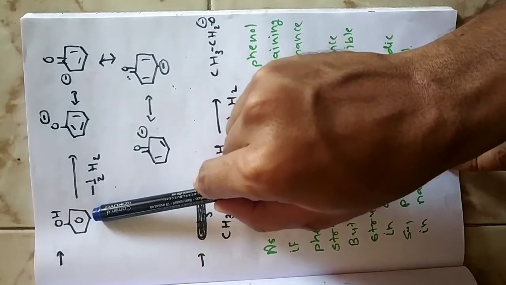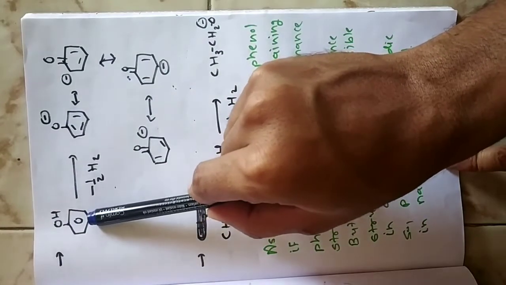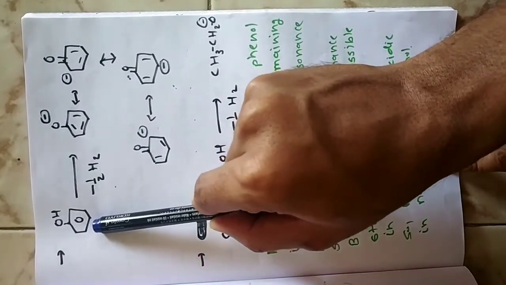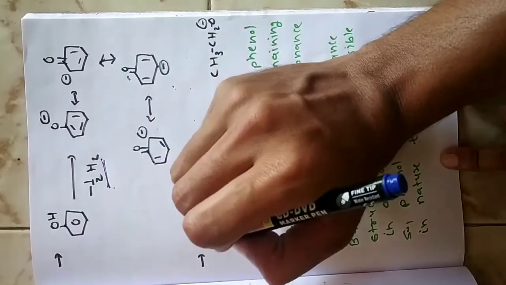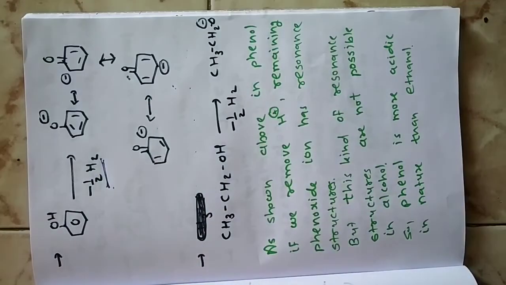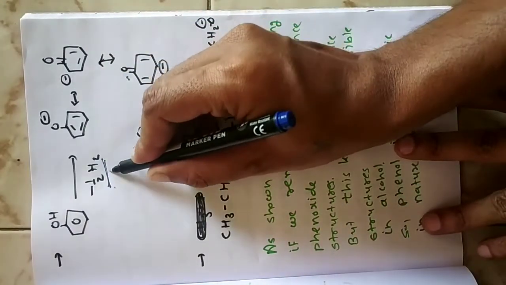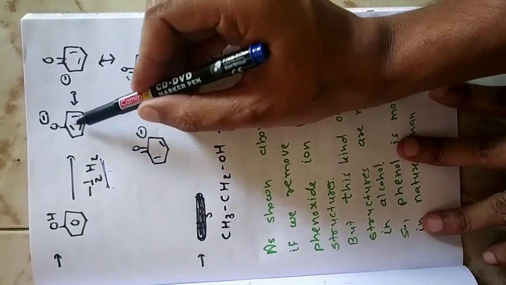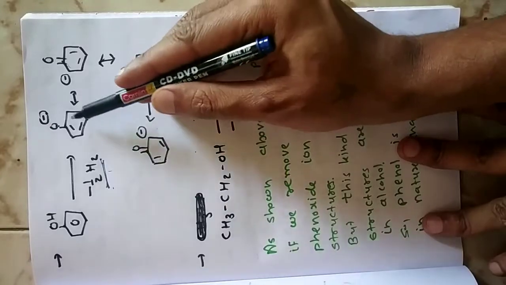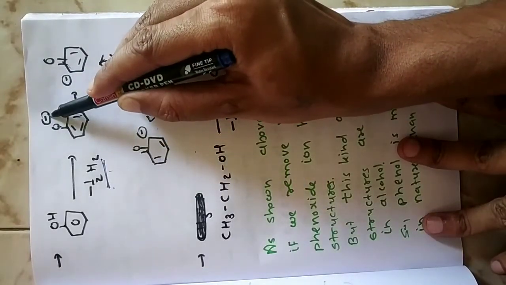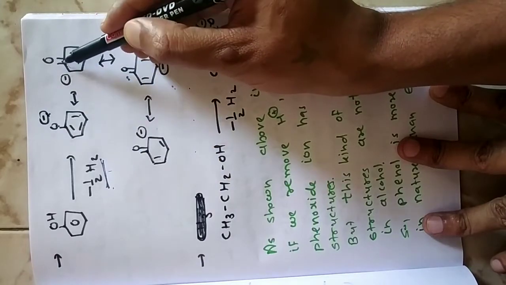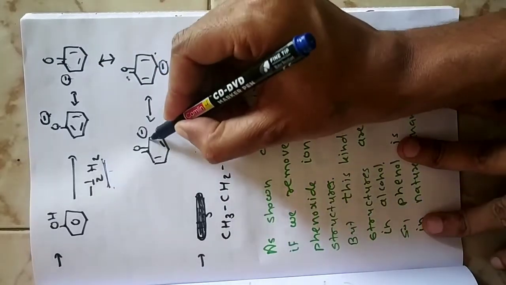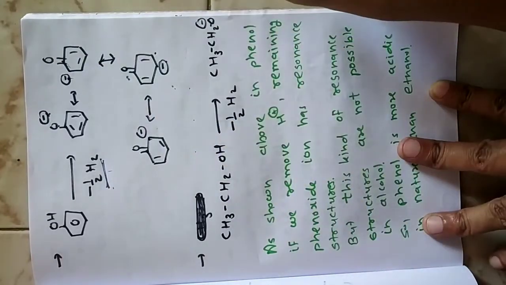If I remove hydrogen as H plus ion from phenol, the remaining part will be the benzene ring with an O minus ion. Now this resonance structure you have studied. The minus charge is first on oxygen, then it resonates and comes on the second carbon, then the fourth, then the sixth. These are the resonance structures.